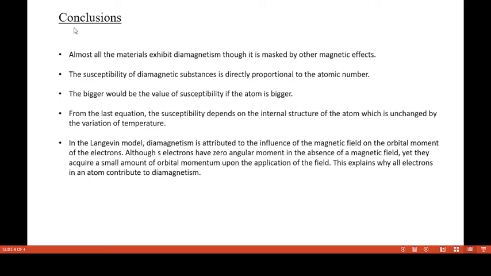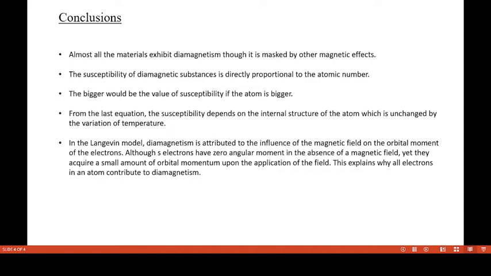Now, finally concluding our points, we have studied the Langevin's theory, and we obtained the value of susceptibility for diamagnetic materials in Langevin's theory.